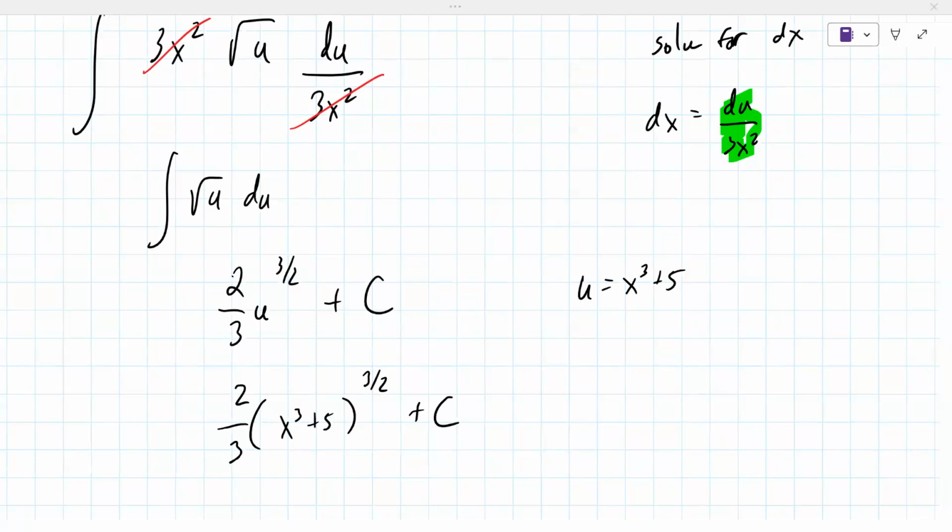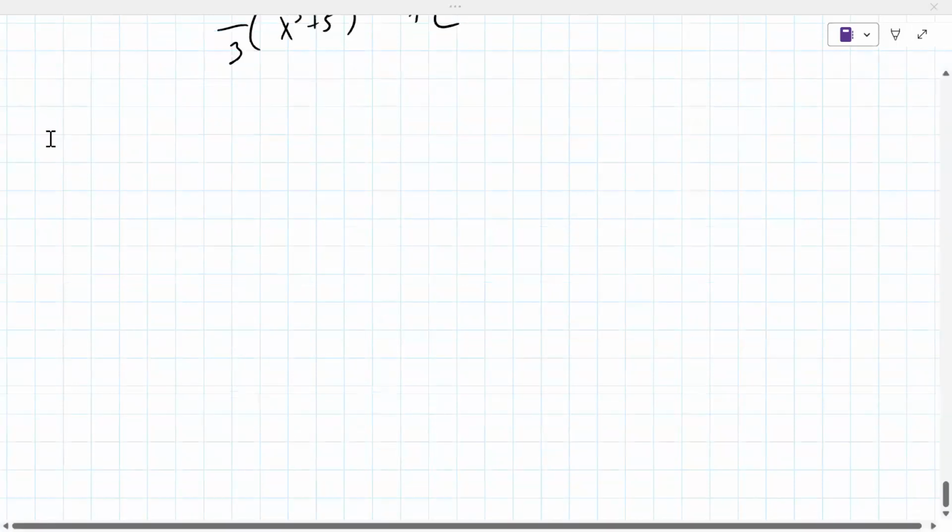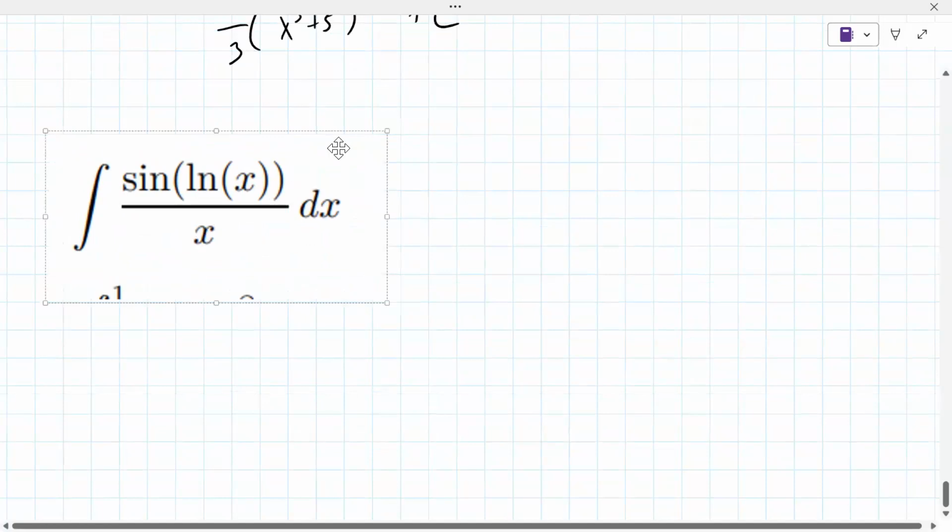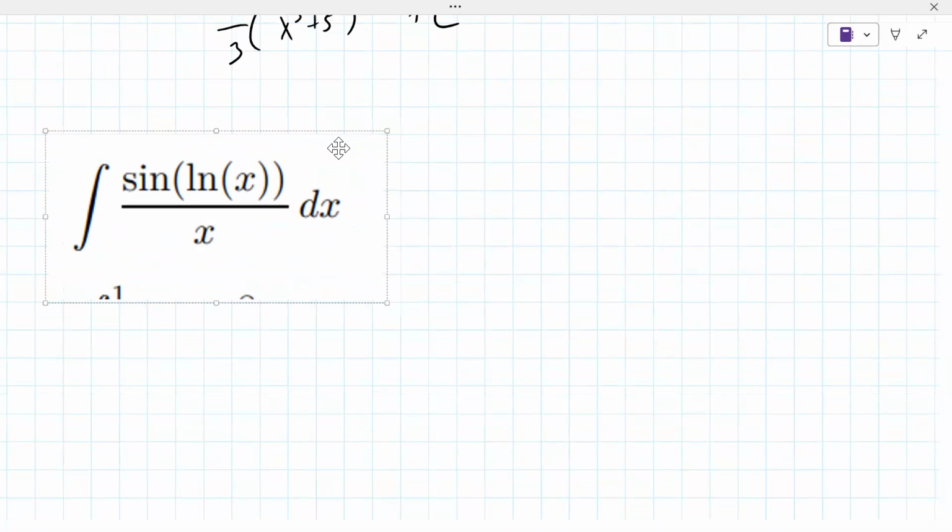So let me give you a little bit more difficult one. I'm substituting for ln of x, right? Yes, that is the right one. The other thing is that your derivative, your du, has to be in there.